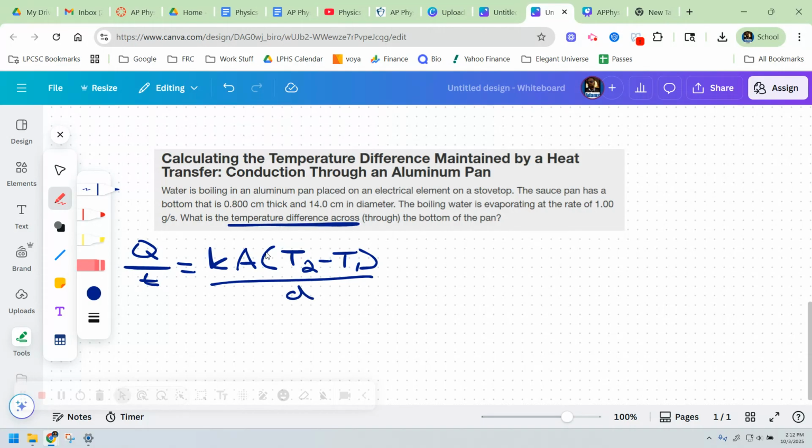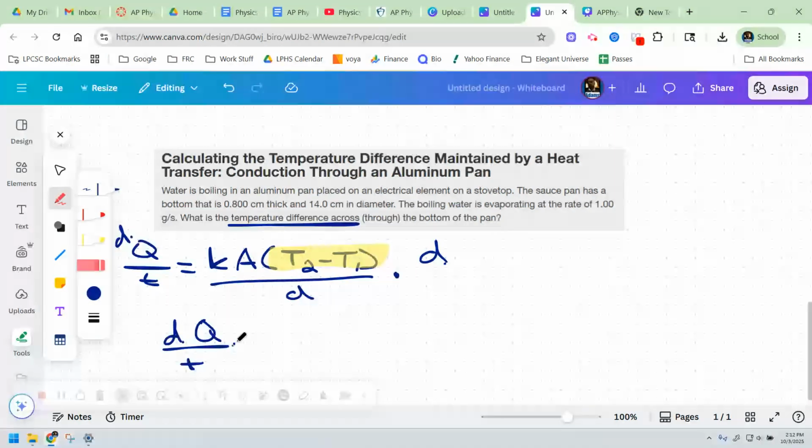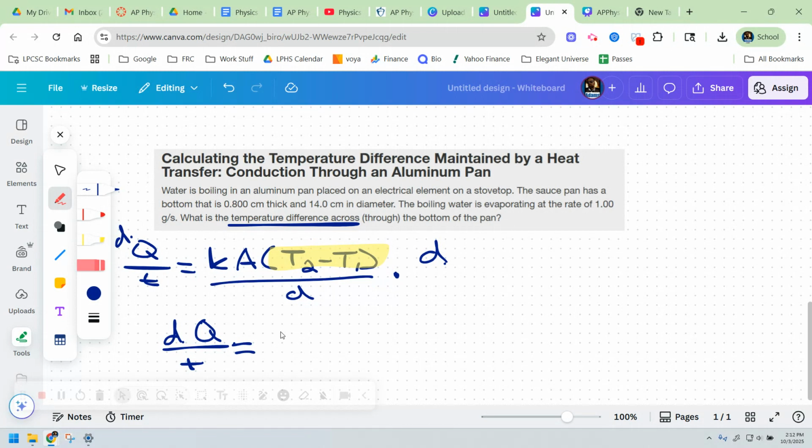So I have to take this equation and isolate this. Nothing up my sleeve. I'm going to multiply both sides by d. So now I have d Q over t is equal to K A times T2 minus T1.